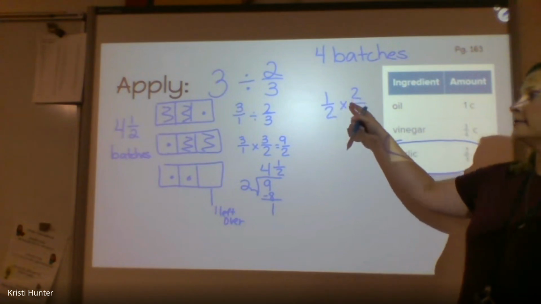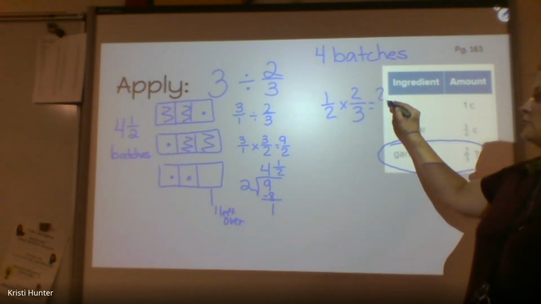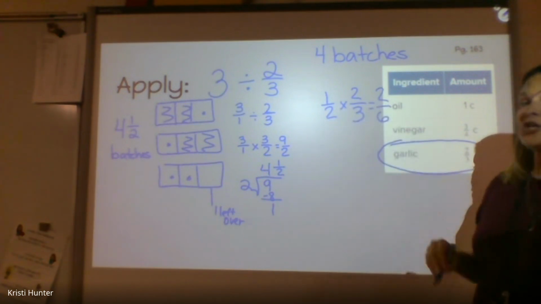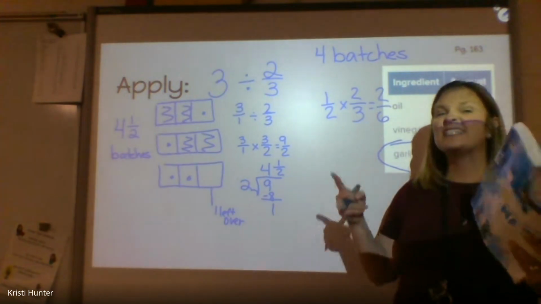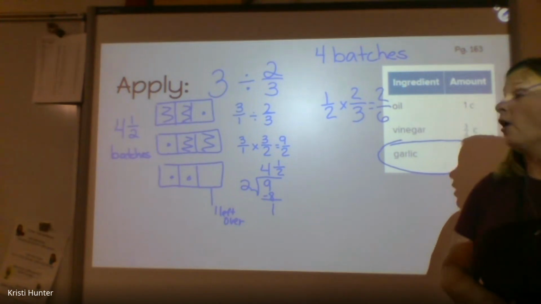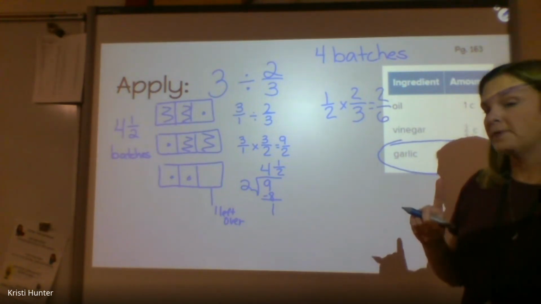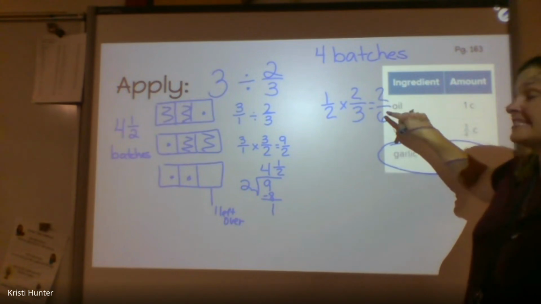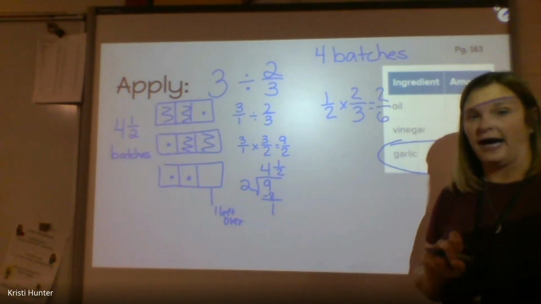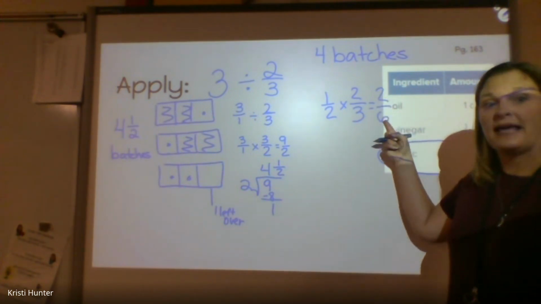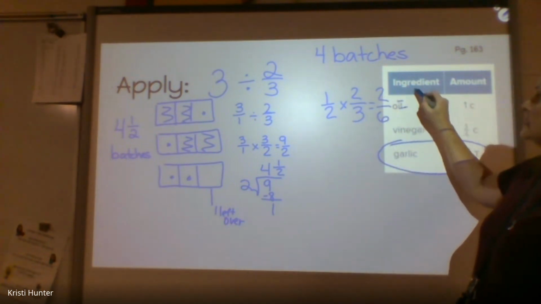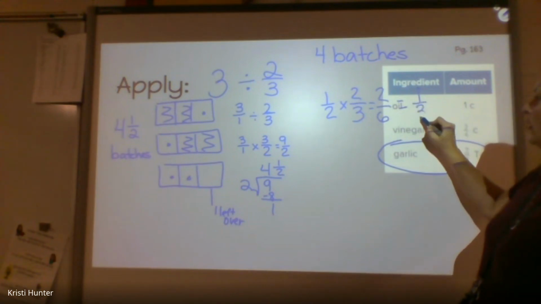So 1 times 2 is 2. 2 times 3 is 6. So I have 2/6 of a serving left over. Or you probably notice 2 and 6 both can be simplified if we want to make an equivalent fraction, making this 1/3.